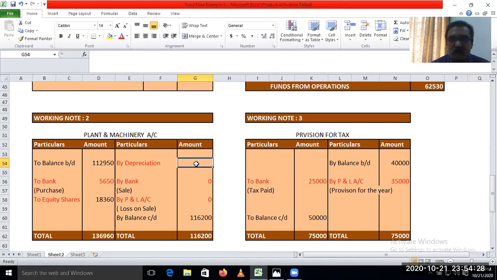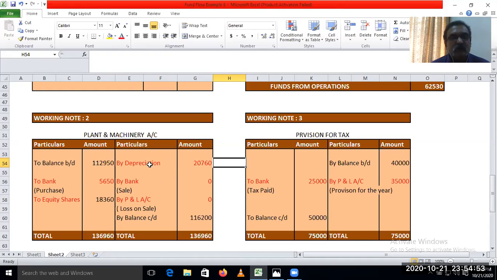That's why it is showing error. We will calculate manually. 1,36,960 minus 1,16,200 comes to 20,760. And now you can check this account is tallied. It means during the year, depreciation provided on plant and machinery is rupees 20,760. This we will write in funds from operations.